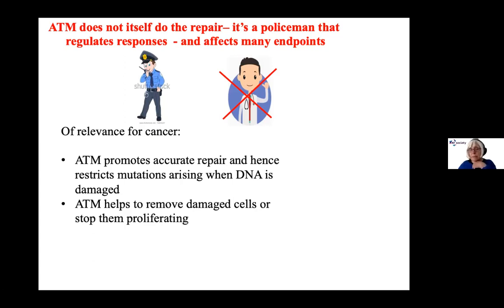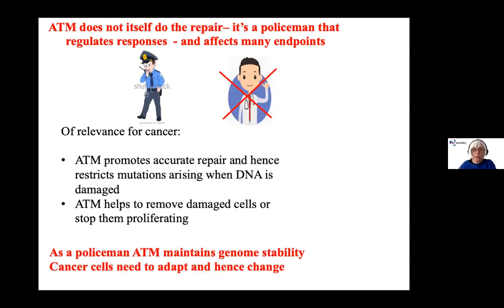And that restricts mutations arising. So it's anti-mutagenic by and large. But it also helps to remove cells when they're damaged and stop them proliferating. So as a policeman, ATM helps to maintain that genomic stability, and cancer cells need to adapt and change.